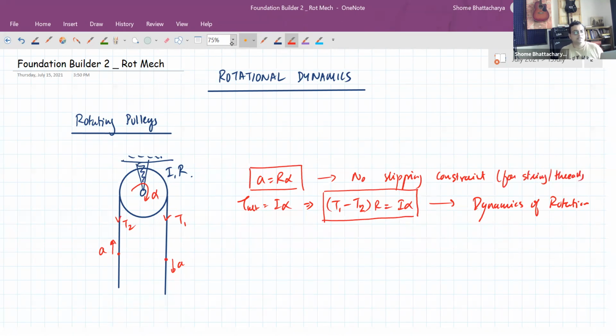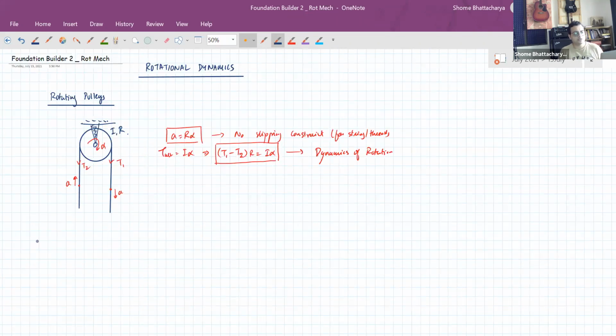So let us look at slightly more lengthy and complicated types of questions based on this rotating pulley concept. Now you'll see an example which has multiple rotating pulleys.